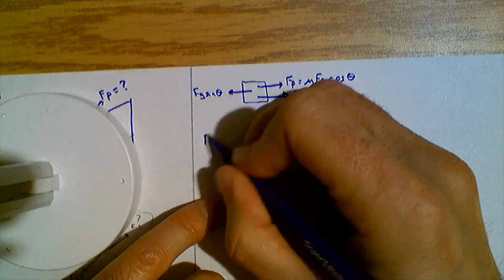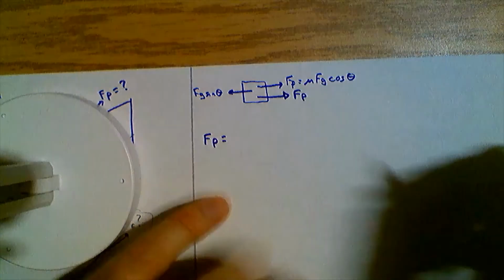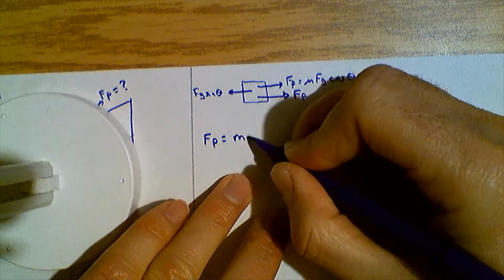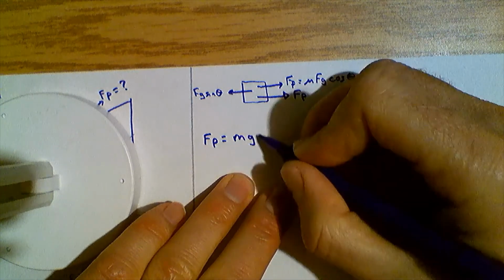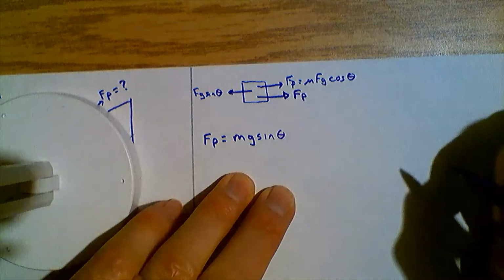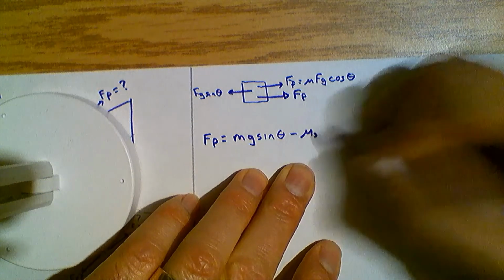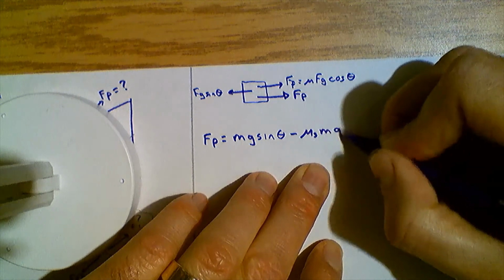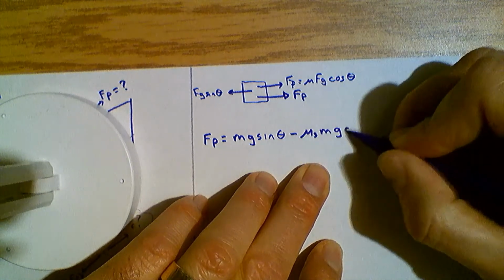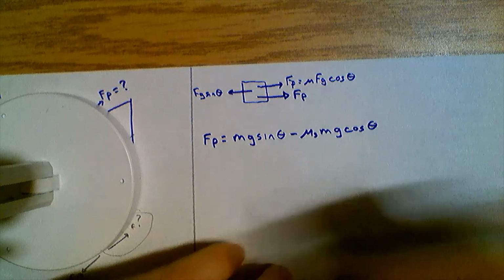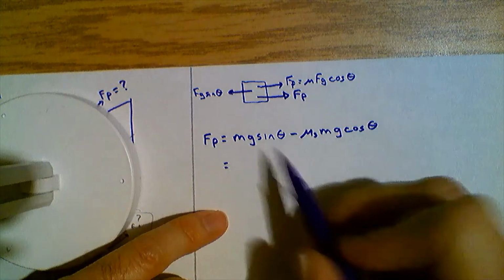So that's what I'm going to write. Fp equals, and I'm going to change Fg sine theta to be the mass times gravitational acceleration times sine theta minus mu s mg for the gravitational force cos theta. Of course, we can factor one thing out of there. g is in both.